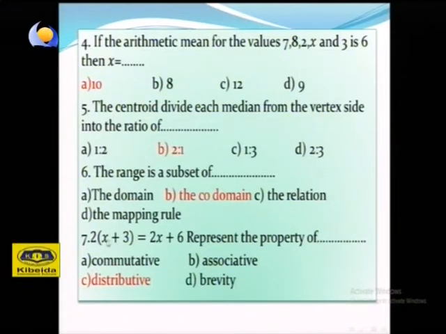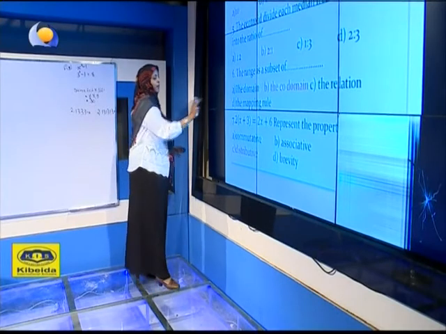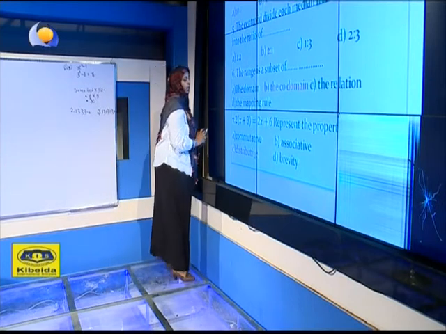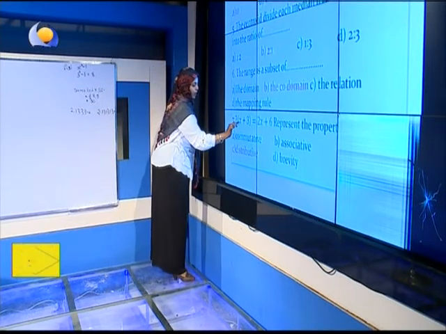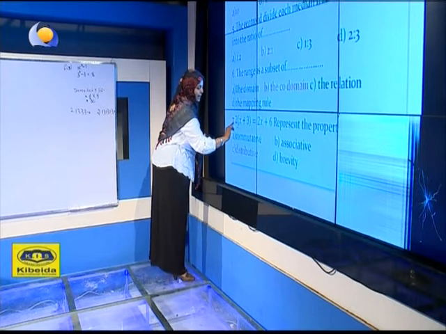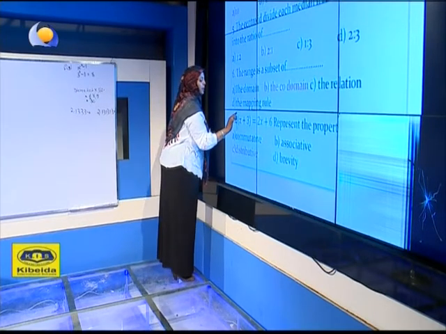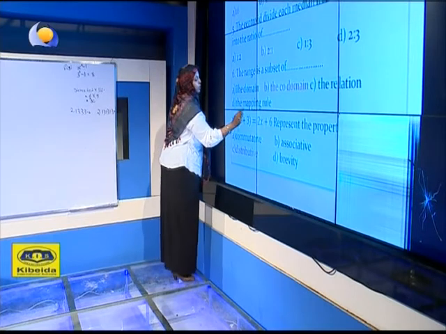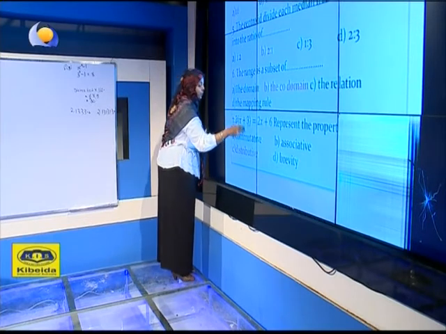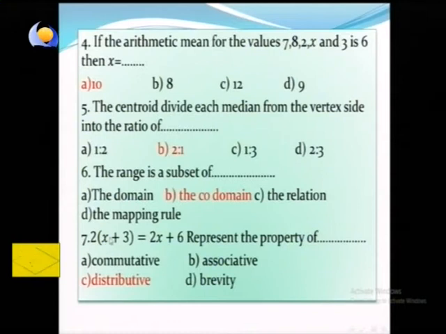So it's 2 times x plus 3 equals 2x plus 6, represented by the property of... He wants the property here. I need to look carefully. It was 2 times x, and 2 times 3 equals 6. So what happened is that I multiplied the 2 times x and the 2 times 3, so I distributed the multiplication over the addition. So this is the distributive property.